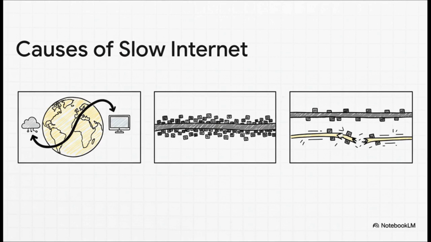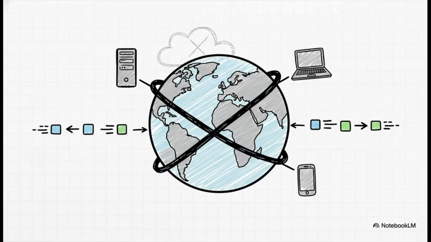Second, there's traffic. It's just like a highway at rush hour. If too many people are using the same digital roads, things get jammed up. And finally, connection quality. The physical cables themselves really matter. A new fiber optic cable is like a data superhighway, but an older connection might be more like a bumpy country road.